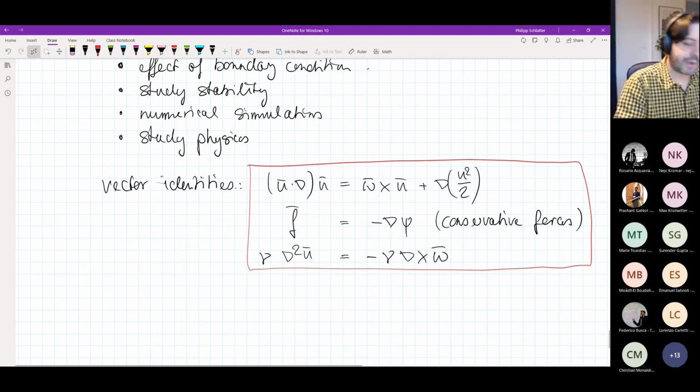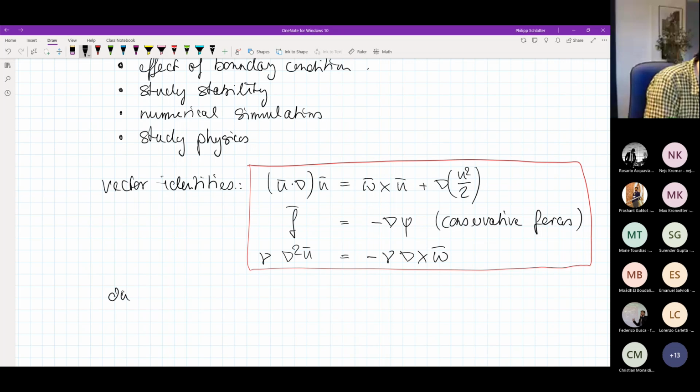Okay. Now, based on these, we can essentially write down the Navier-Stokes equations, just essentially including those. Maybe I can do that a little bit in two steps.